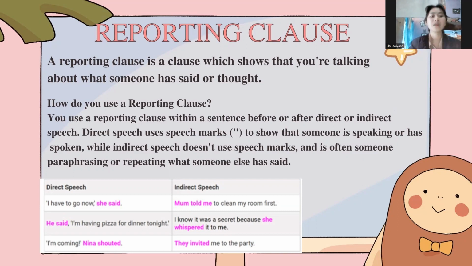For example, direct speech: "I have to go now," she said. Indirect speech: Mom told me to clean my room first. Direct speech: He sighed, "I'm having pizza for dinner tonight." Indirect speech: I know it was Queen because she whispered it to me.